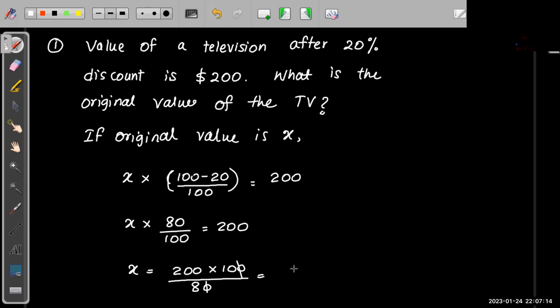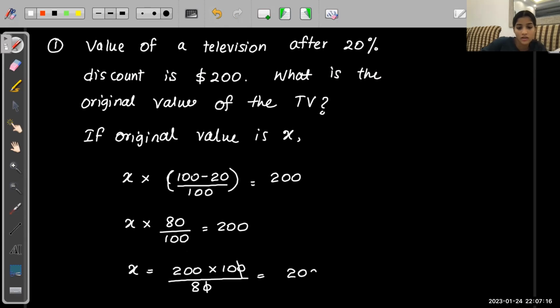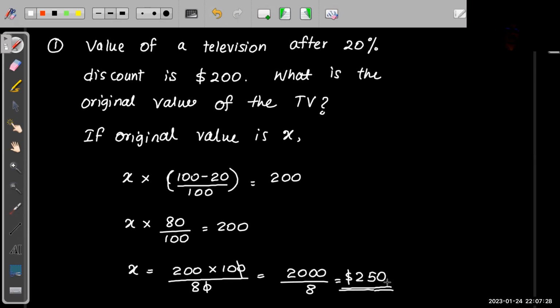Did you get what I'm saying? Yeah. Okay, 2000 over 8. Got it. $250.